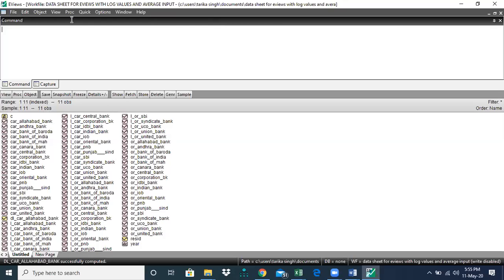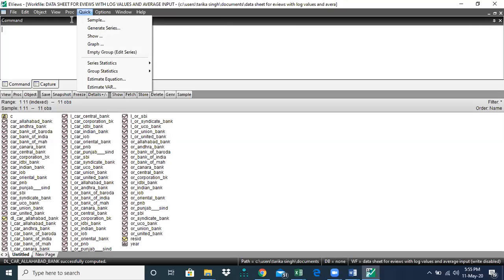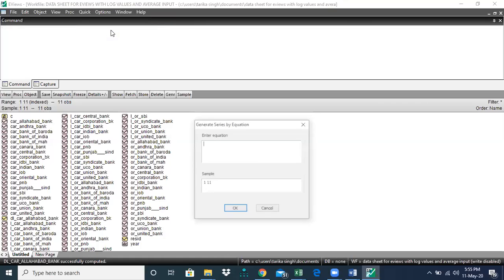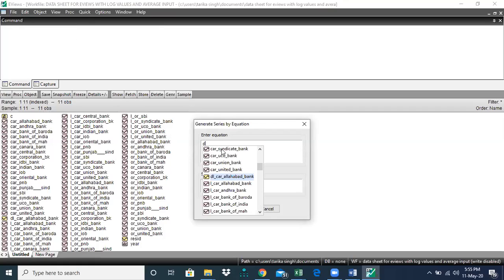So what we need to do is generate a series. Suppose I'll name my series D, and D of, for example, CAR of Allahabad Bank. This is the first difference series for CAR of Allahabad Bank, which I want to generate.